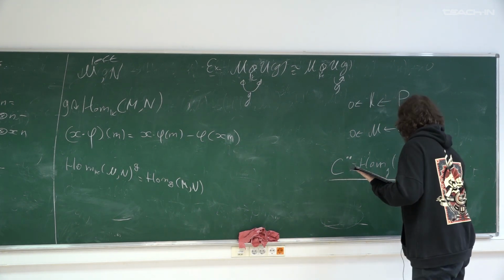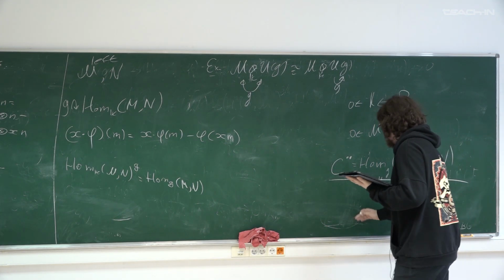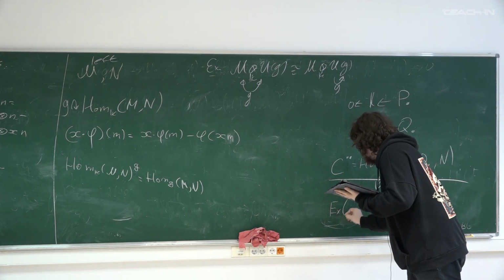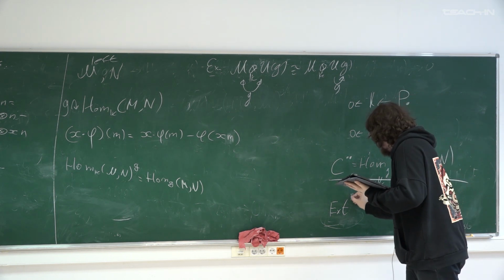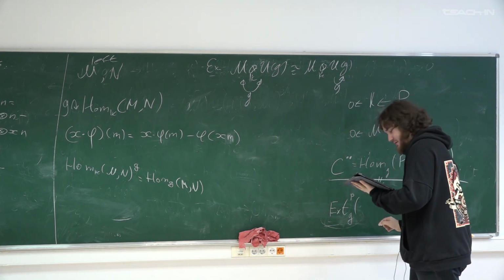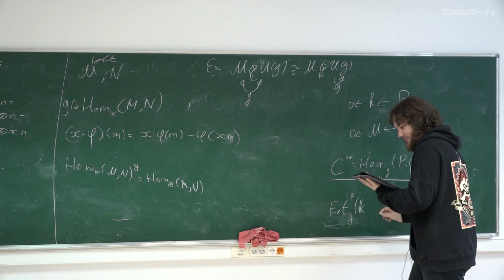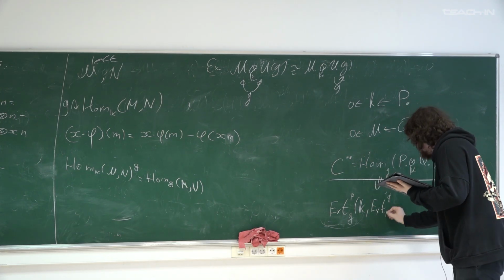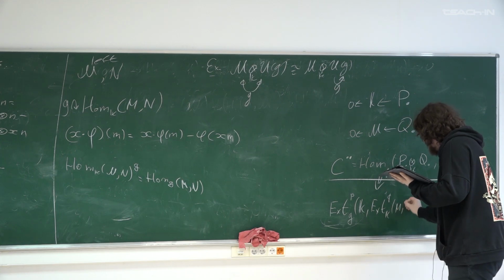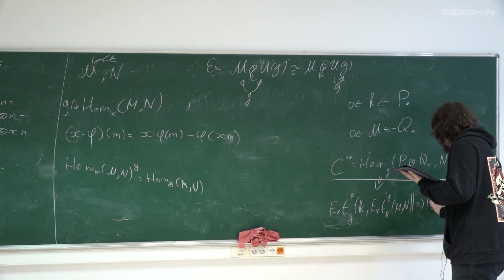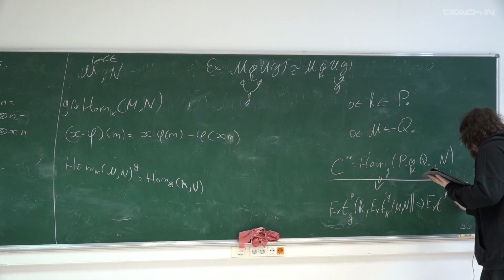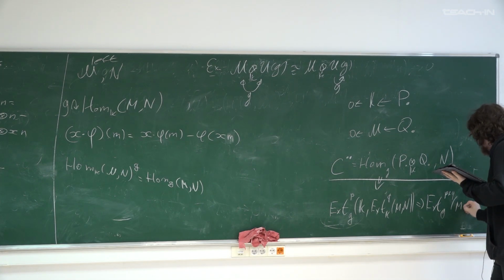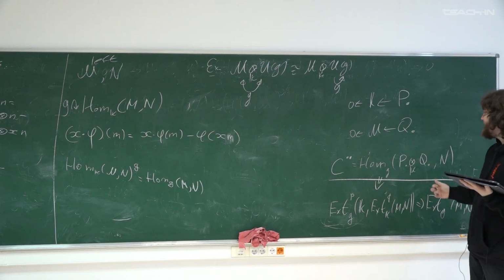As for groups, I did this in the previous lecture, we obtain a spectral sequence of the following form: Ext^P_G from K, Ext^Q over K of M, N converges to Ext^{P+Q}_G of M, N. Again, this works for any commutative ring K.